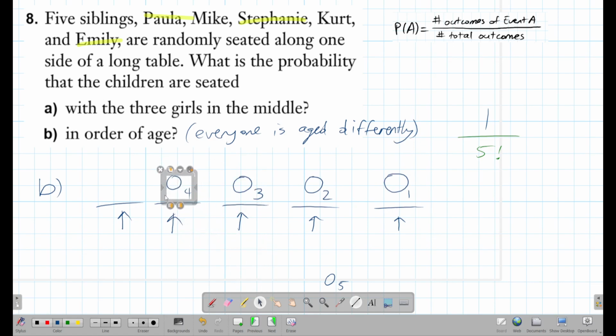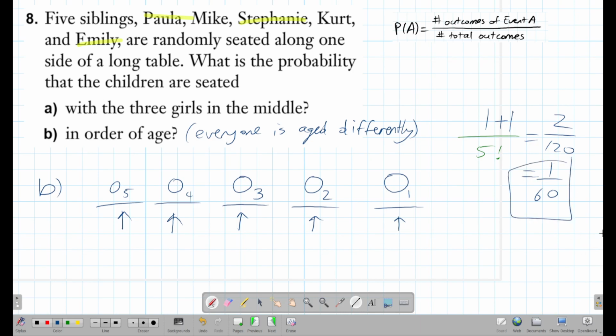My fourth oldest goes here, and then my fifth oldest goes here. So there's not just one way of arranging them. There are actually two ways, with 1 plus 1 over 5 factorial. This is 2 over 120, which gives us 1 over 60. So that's the probability for B, 1 over 60. And this is only because we're sitting at a table. You can sit on the very left side or the very right side, so there are two different ways to arrange them.